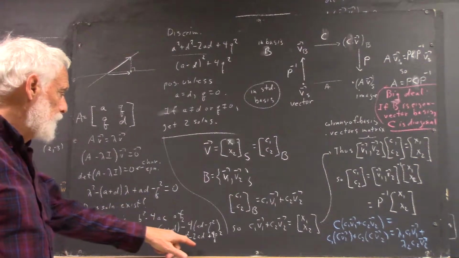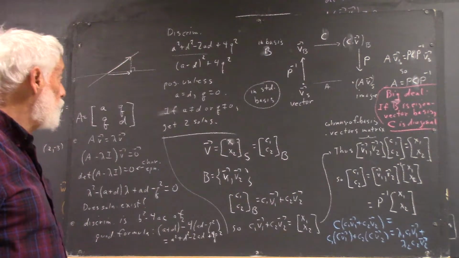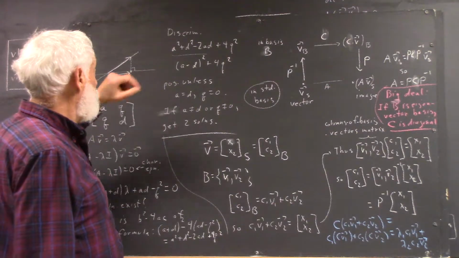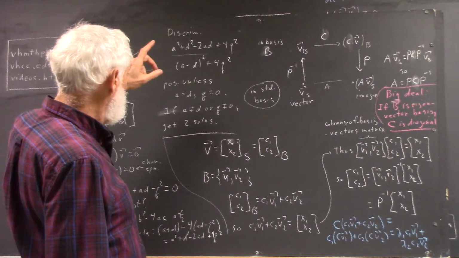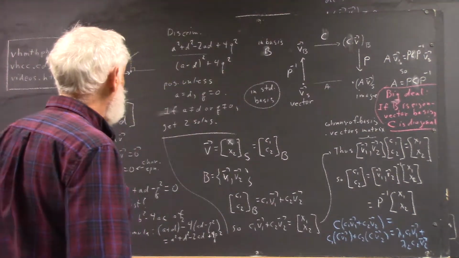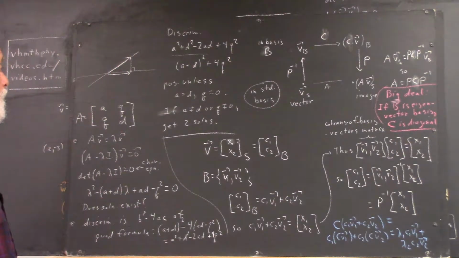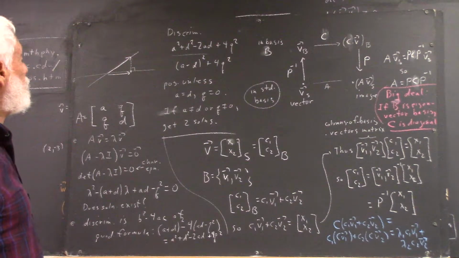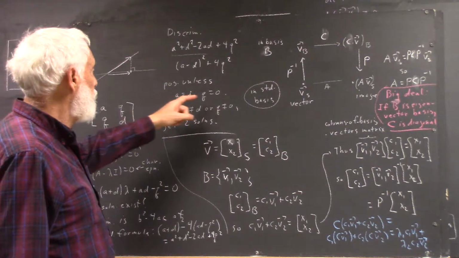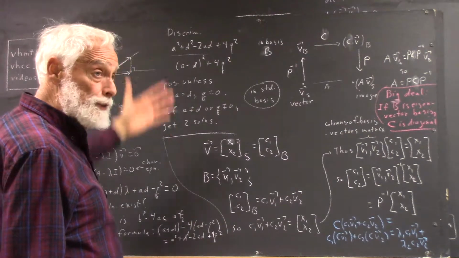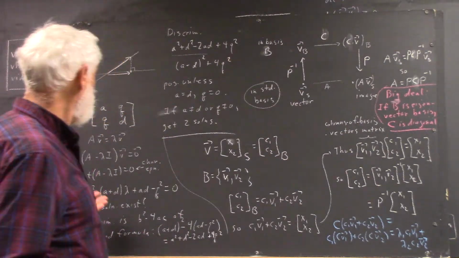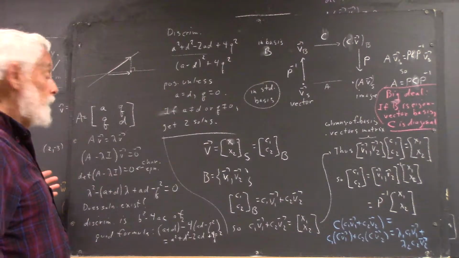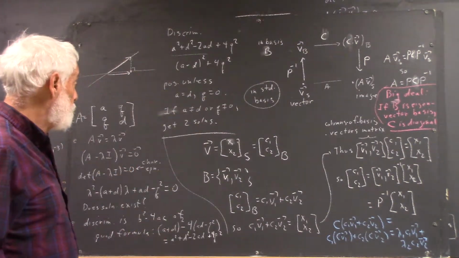And that's a squared plus d squared minus 2ad plus 4q squared. Now, that's your discriminant, and it comes out like this. And this is going to be positive unless a equals d and q equals 0, in which case it's 0. Either way, it's not negative. So if you have a symmetric matrix, you never get a negative, so you are going to have eigenvalues.